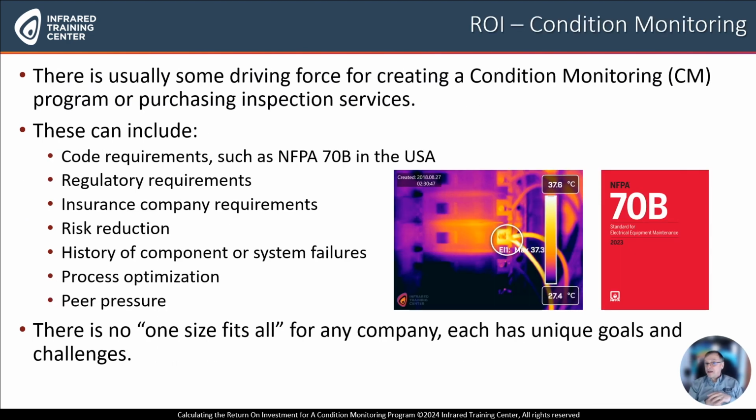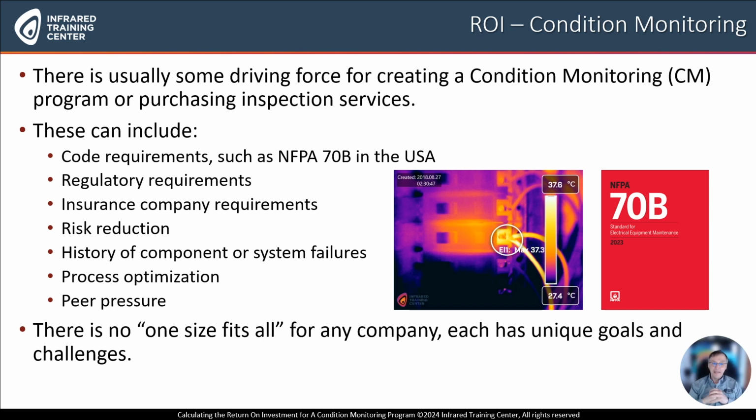Now, with our condition monitoring, there's usually some driving force for creating a program, or purchasing inspection services, another way that this could be implemented. They can include code requirements, perhaps such as NFPA 70B in the United States, and that requires annual inspection of electrical components, and there are some caveats there.